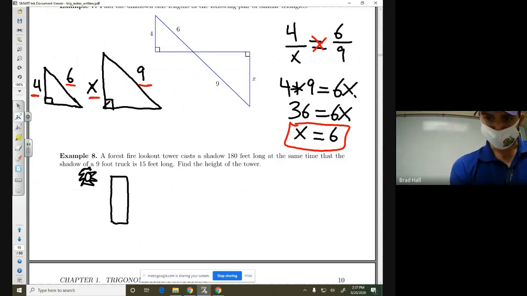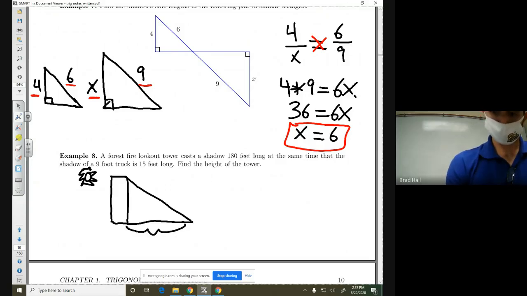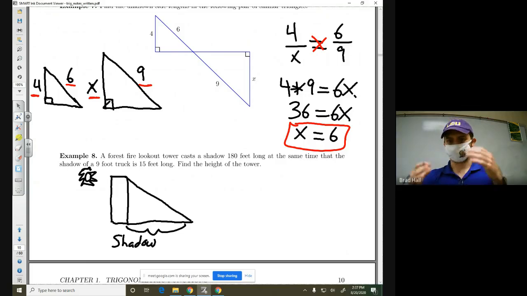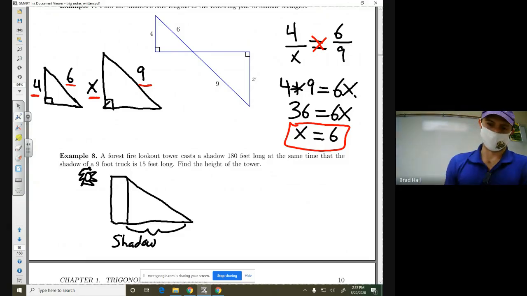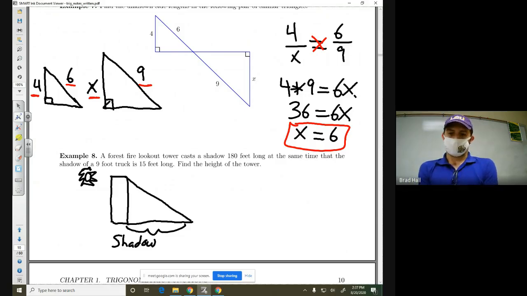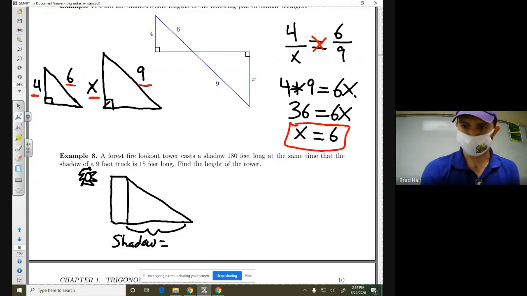So if this tower projects a shadow, that shadow is going to be right here, because of course, the shadow cannot project into space. Where's a shadow normally at? Well, generally the ground. So that's the shadow, which is 180 feet long.